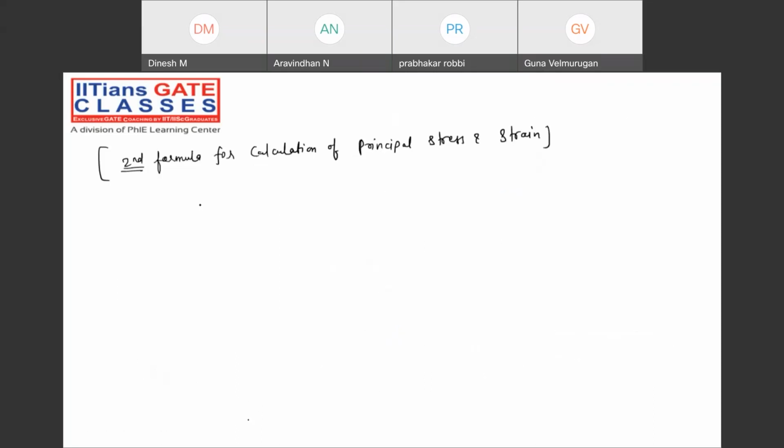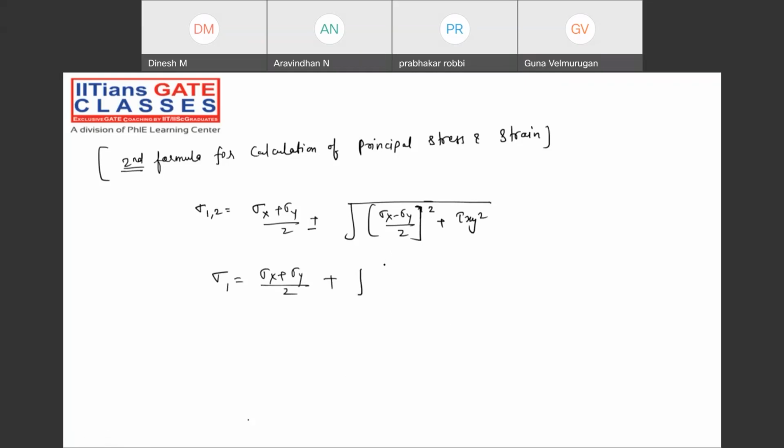Second formula: sigma 1 and 2 will be equal to sigma x plus sigma y by 2 plus or minus the square root of sigma x minus sigma y by 2 whole square plus tau xy whole square. Very, very important, guys. Please note down. That means sigma 1 will be sigma x plus sigma y by 2 plus the square root term, because sigma 1 will be greater than sigma 2.